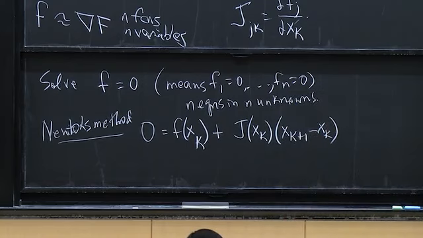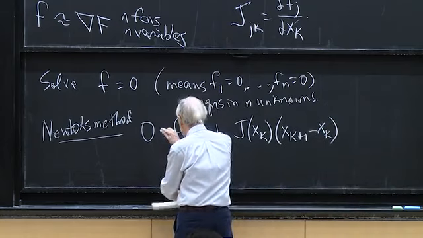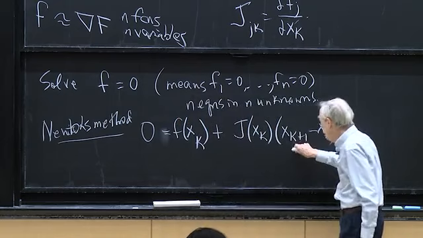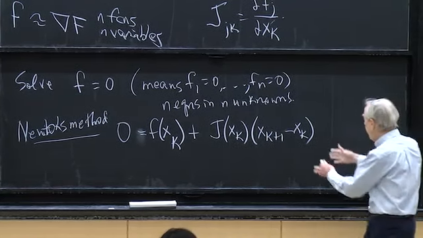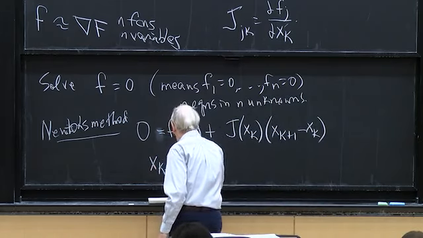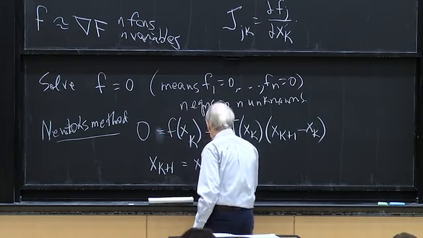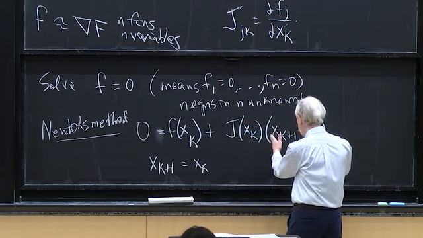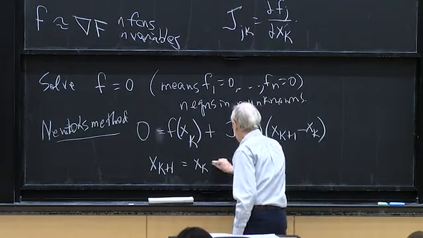Good. That's Newton's method. Of course, 0 isn't quite true. Well, 0 will be true if I'm constructing xk plus 1 here. So let me just rewrite that, and we've got Newton's method. We're looking for this change, xk plus 1 minus xk. I'll put it on this side as plus xk. Now I have to invert that and put it on the other side of the equation, so that'll go with a minus.